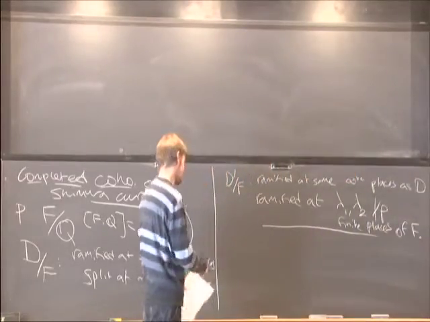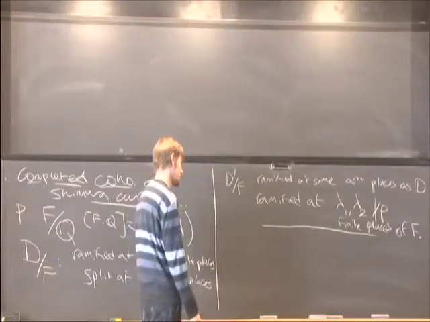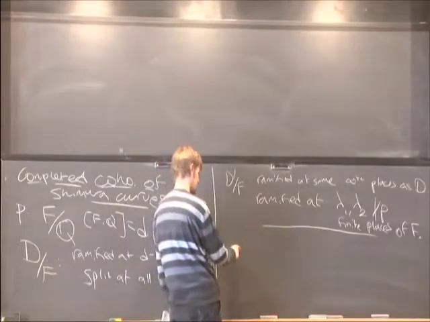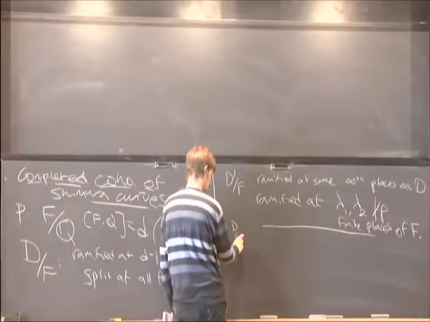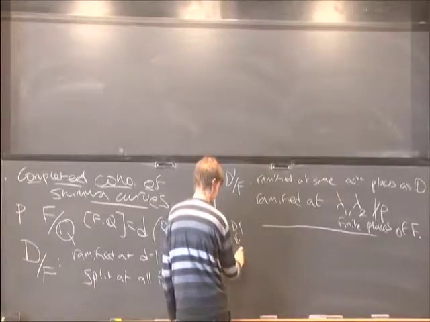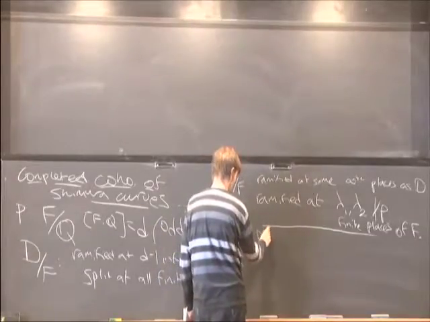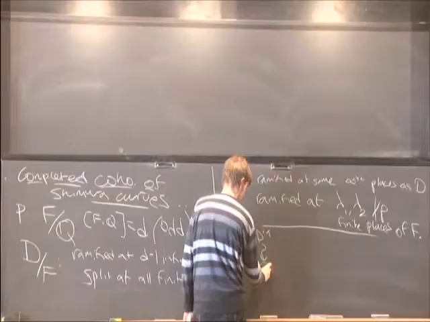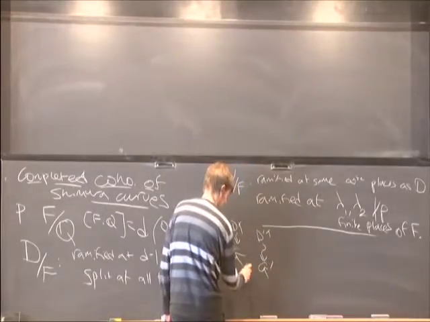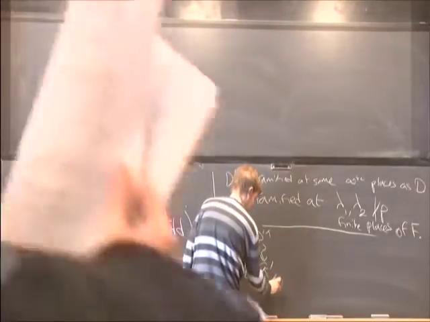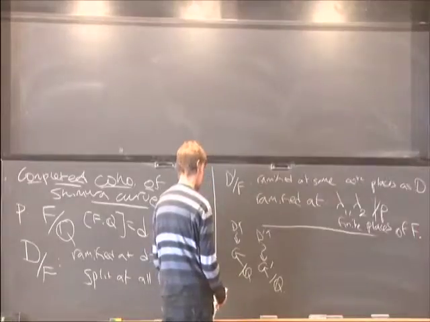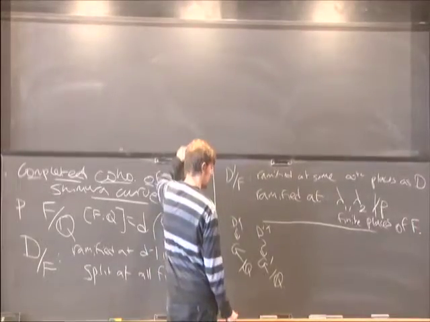And attached to the unit groups of those quaternion algebras, or if you like the restriction of scalars down to Q, are two reductive algebraic groups, G and G prime over Q. I'm going to be interested in automorphic representations of those groups.